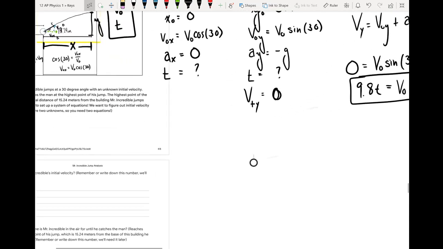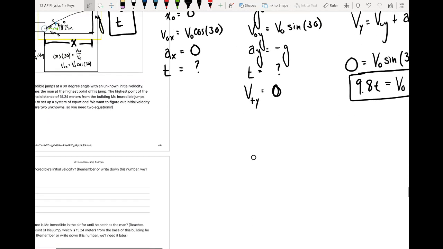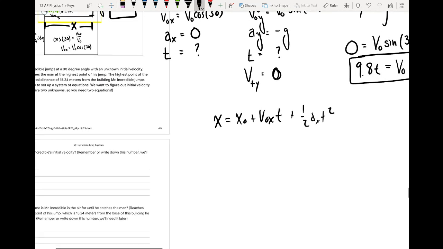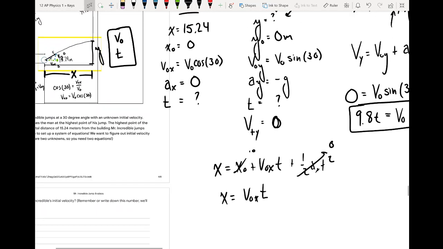Thankfully, I have my equation in my x direction, and with this I know a little bit more about the position, so I can try writing my x equals x0 plus v0 x t plus 1/2 a x t squared equation. I know x0 is 0. So in this case I have x equals v0 x times t. My x, I actually know.